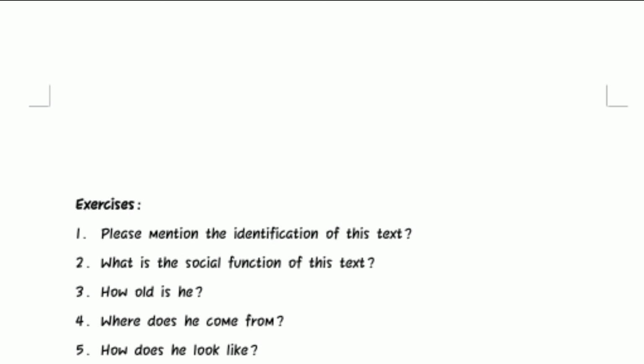So if you did not listen carefully when I was giving the material, it is your fault, not mine. The third one is, how old is he? You can find that answer in the text. Number 4 is, where does he come from? The answer you can find in the text also. And the last one, what does he look like? You can find that in the text too.